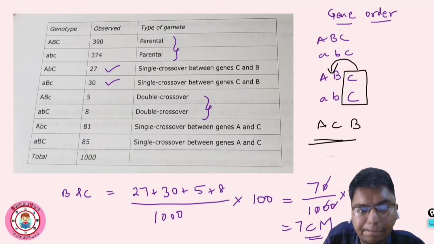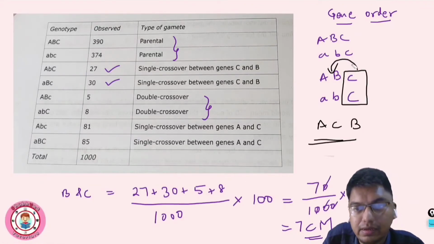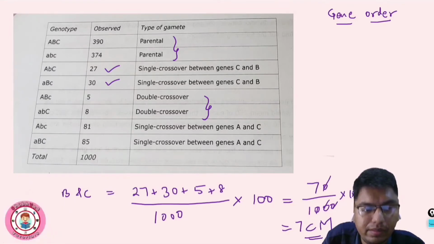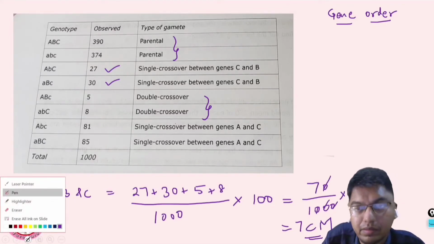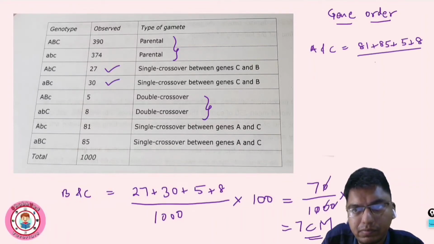A and C. So we'll write here 81 plus 85 plus 5 plus 8, divided by total, into 100.